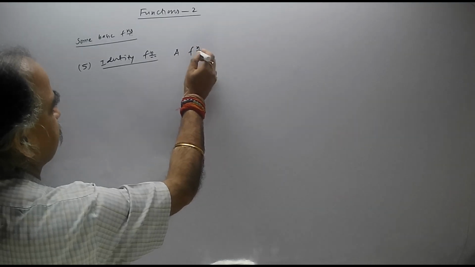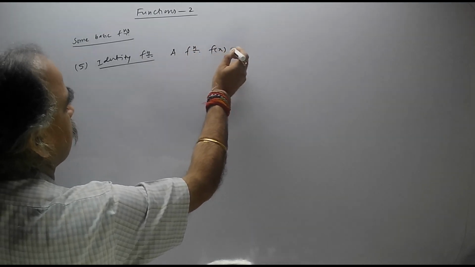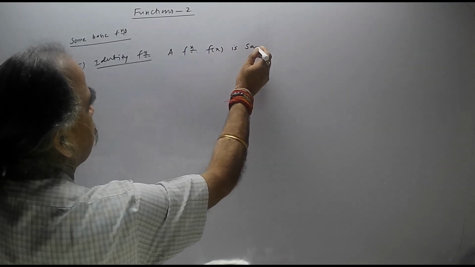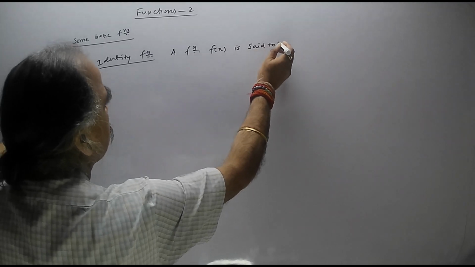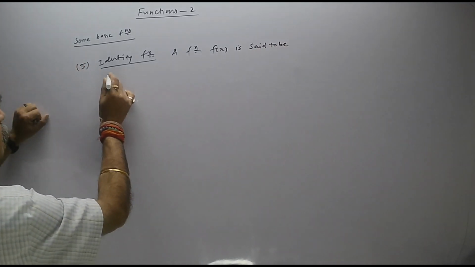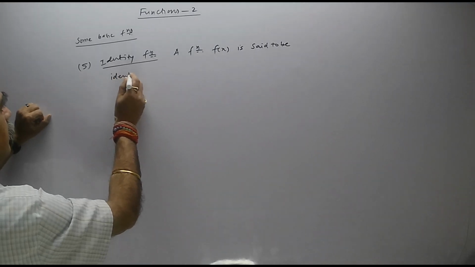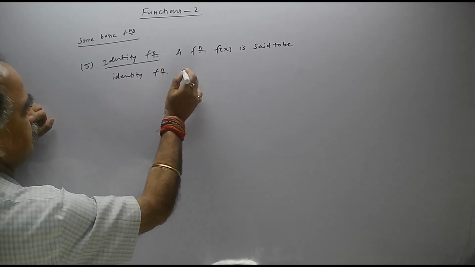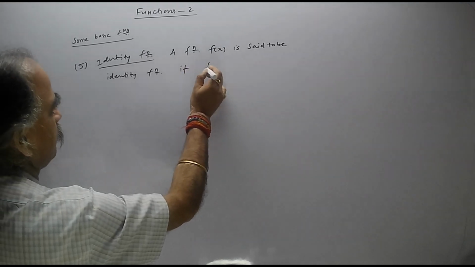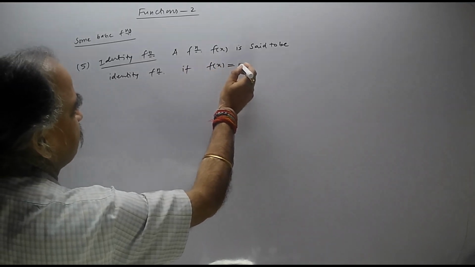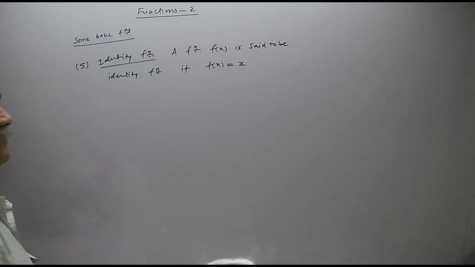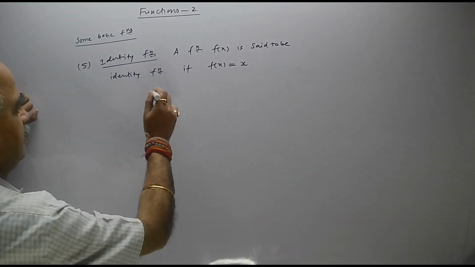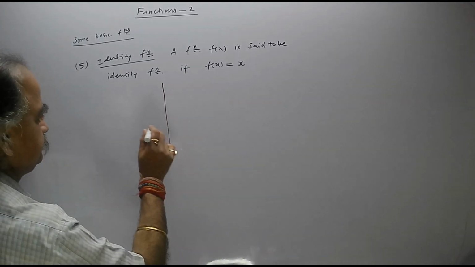A function f(x) is said to be identity function if f(x) is same as x. Its graph is like this.